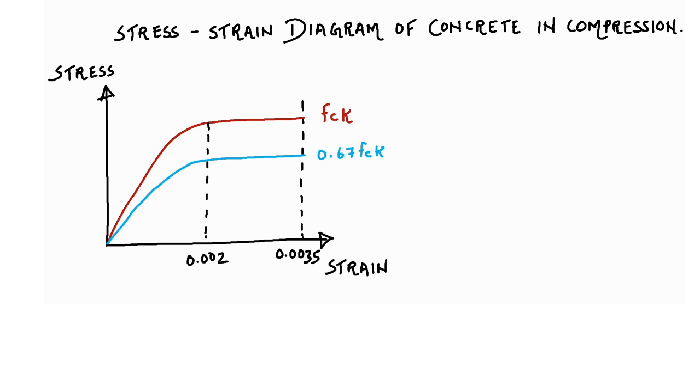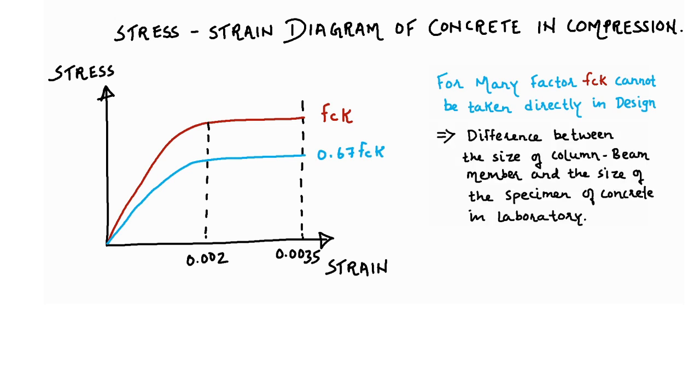Now we will see the reason for reduction from FCK to 0.67 FCK. Here the size factor is applied. There is a large difference between what is cast at the site, the beams and the columns, and what is tested in the lab.